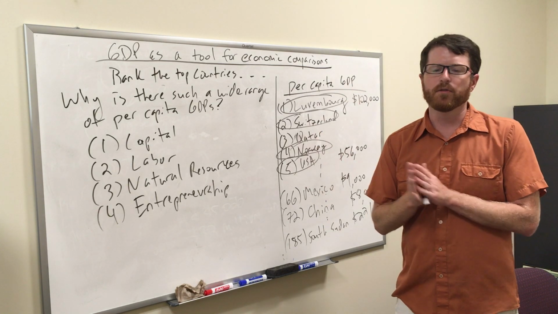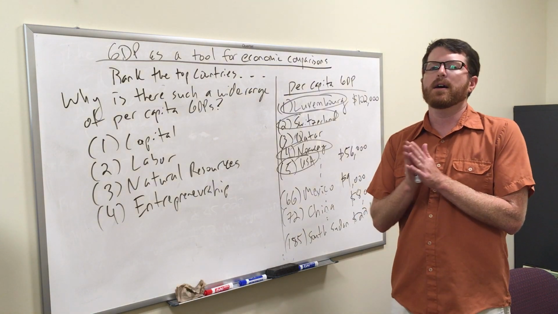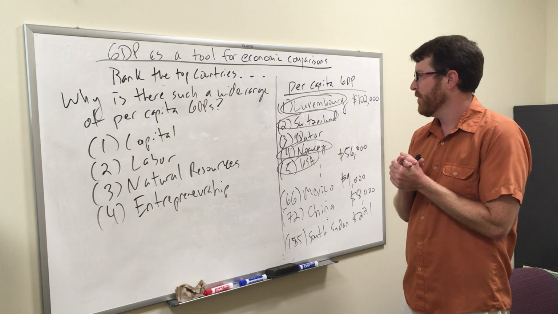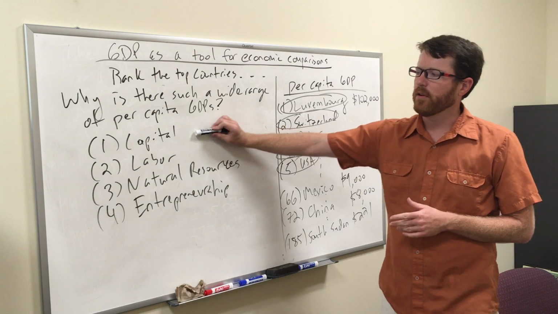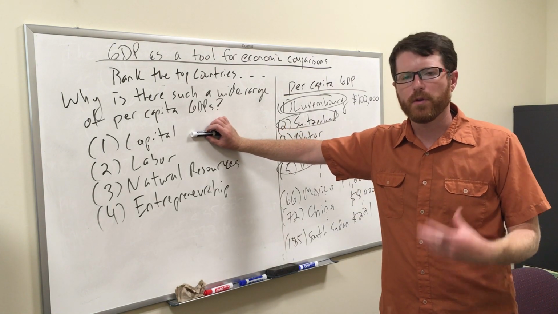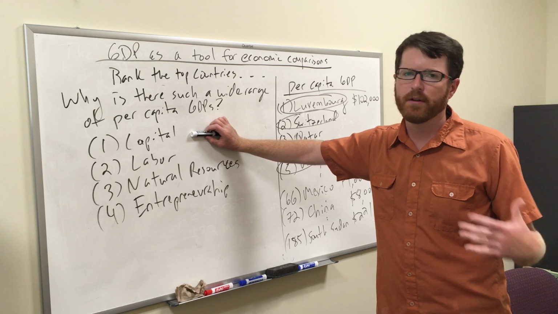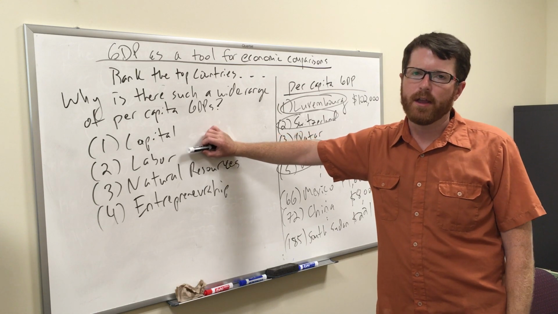Luxembourg hasn't had a major war for a really long time, and I'm not much into history, and I'm not sure if they were involved in World War II or not, but they definitely haven't had any major conflicts since World War II. That makes it a lot easier for capital to accumulate, because when you have wars, that destroys capital. That destroys buildings, destroys things in the buildings, destroys everything, right? If you can avoid that, you can create a lot more capital.